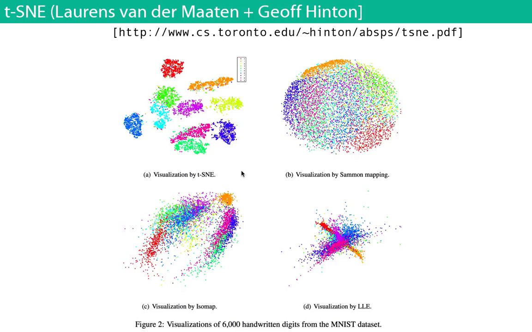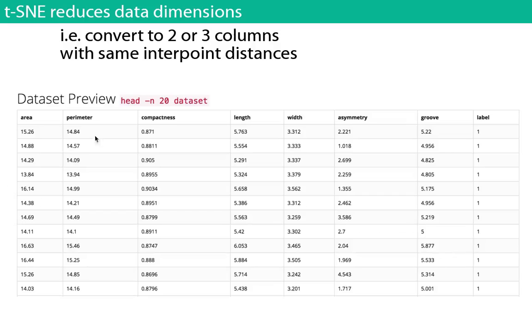So t-SNE is this technique for dimensionality reduction that was invented by Laurens van der Maaten and Geoff Hinton at the University of Toronto. Suppose you have a data set, let's say in Excel, that has 1,000 columns of data. What t-SNE does is it takes those 1,000 columns and crunches them into 2 or 3 columns, which preserves the distance relationships between the points.